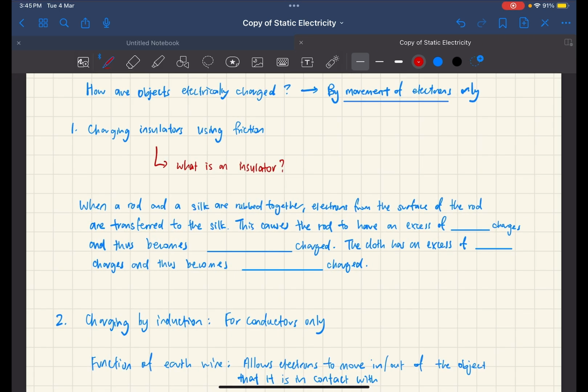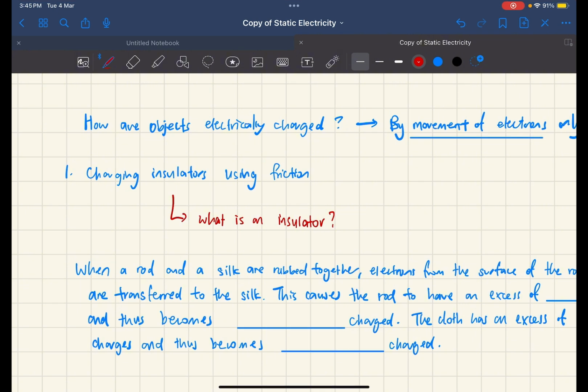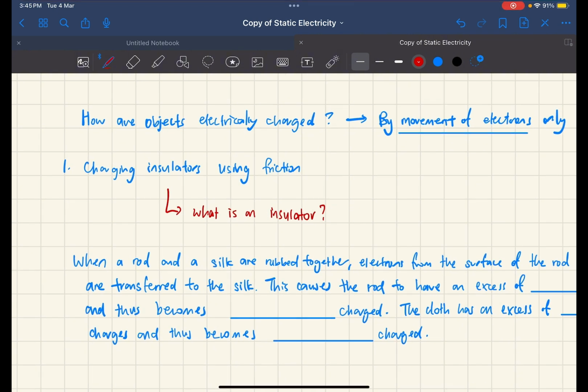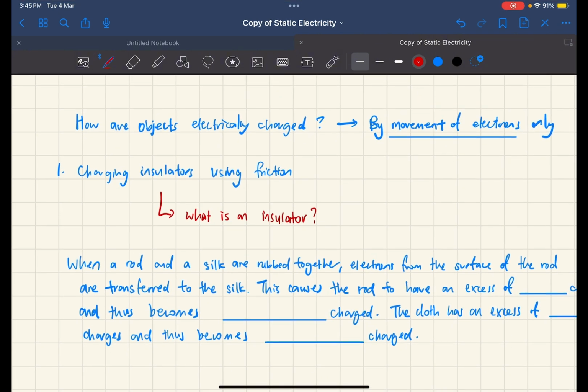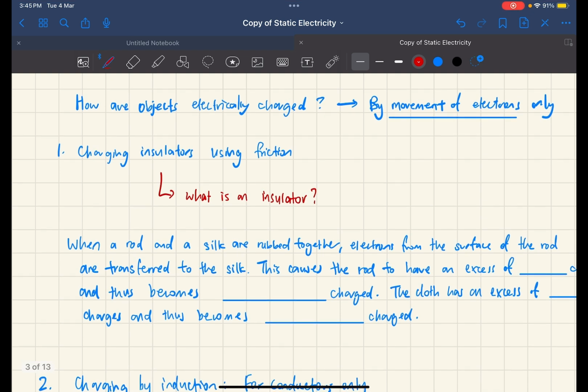Next portion: how are objects electrically charged? There are multiple ways for objects to be electrically charged, but let's talk about insulators first. Insulators don't conduct electricity, meaning they don't allow electrons to pass through them and move around.